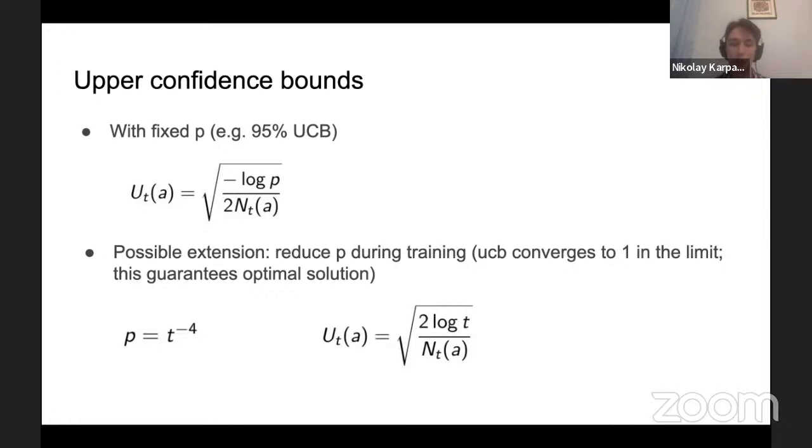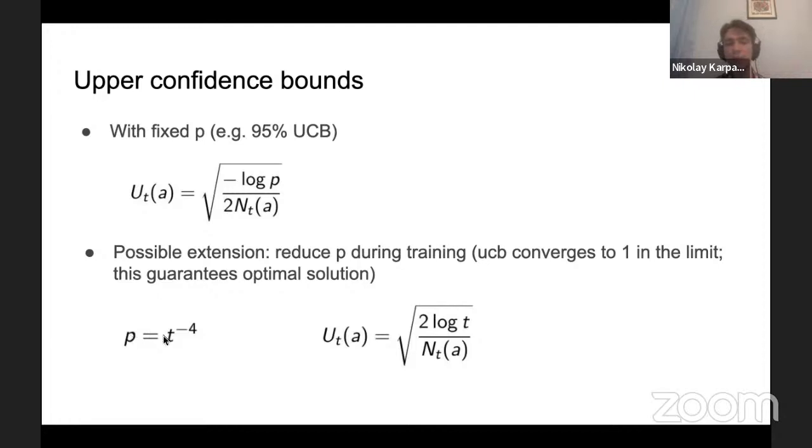Because when we shrink the confidence interval, in the limit we would always select the optimal action. Whereas if we have a confidence interval which allows for greater deviation, we would continue exploring to some extent, even though after some time we would not need that much exploration.